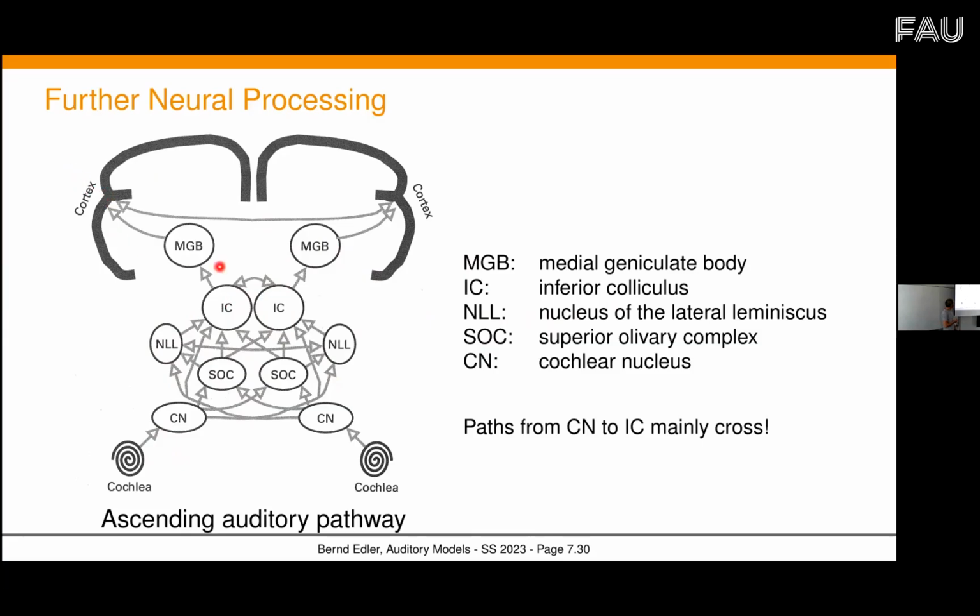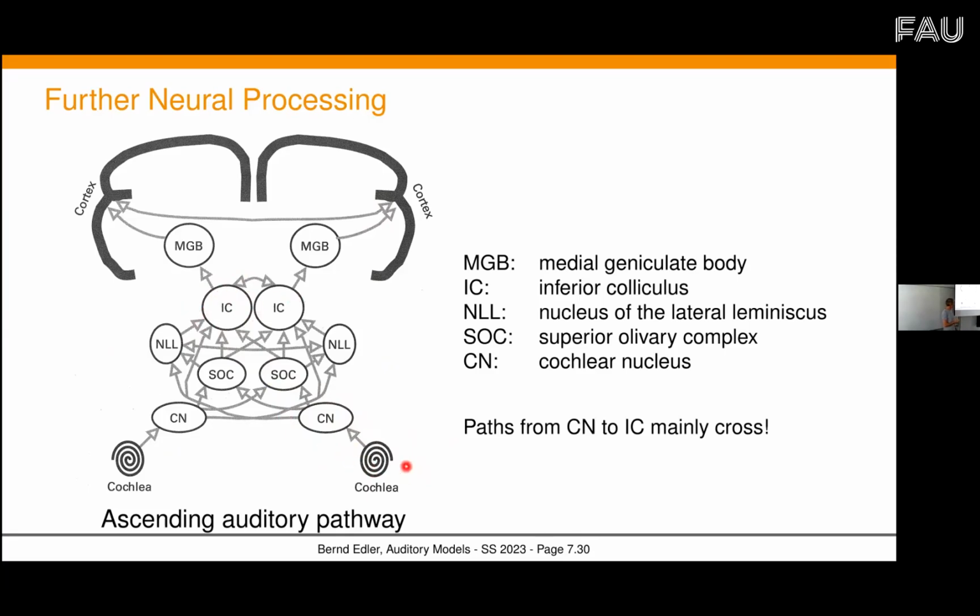And then finally, the most semantic processing is on the auditory cortex. And you see that the main information flow goes more or less across, let's say from the left ear to the right side, in location in the body.